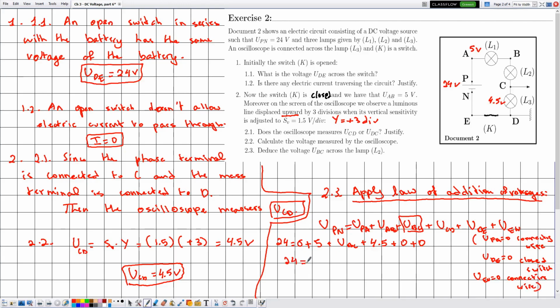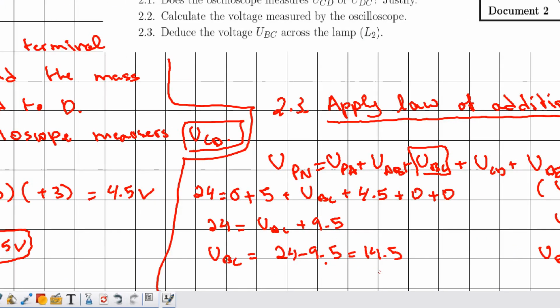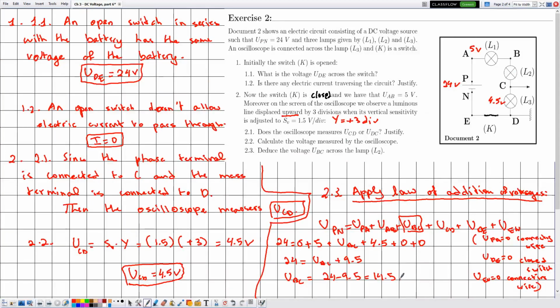Then 24 is equal to UBC plus 9.5. So UBC is equal to 24 minus 9.5. So this will give us 14.5. Since 9.5 is in volts and 24 is in volts, then the voltage UBC will be in volts. Then UBC is equal to 14.5 volts.